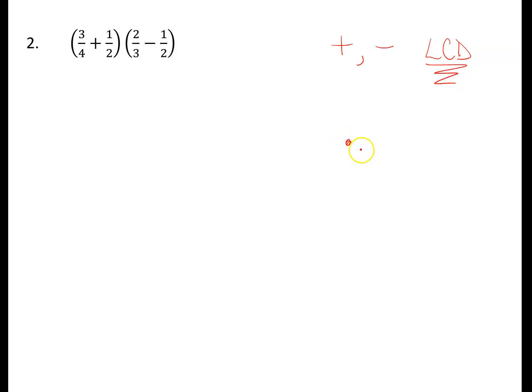But if you ever need to multiply or divide, you do not need that LCD. Okay, so to add we do. Let's look at our denominators, 4 and 2. The bigger one is 4, and 2 will divide 4. Therefore, 4 is going to be our LCD.